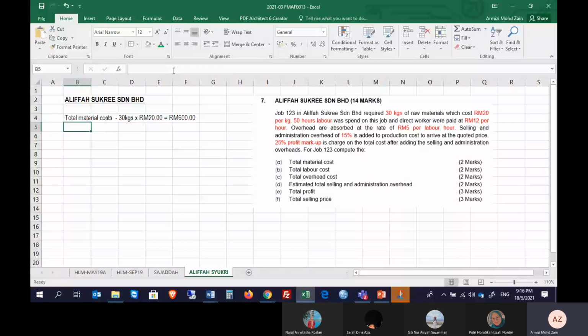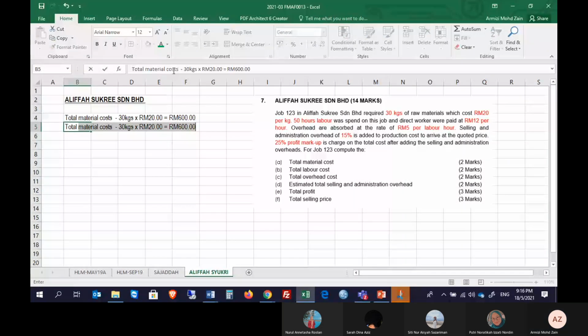Okay, total labor cost: 50 labor hour times dengan RM 12 ringgit, you will get the RM 600 ringgit.